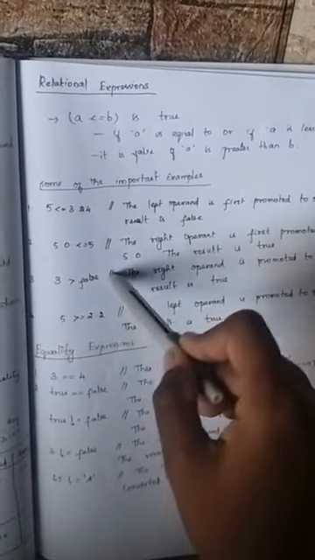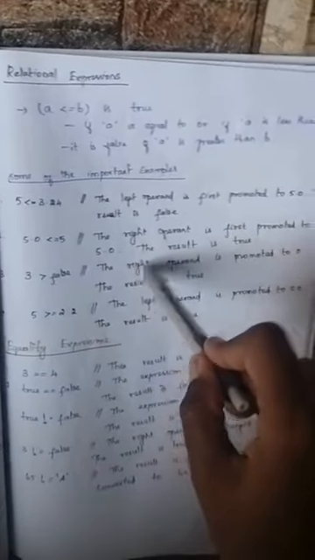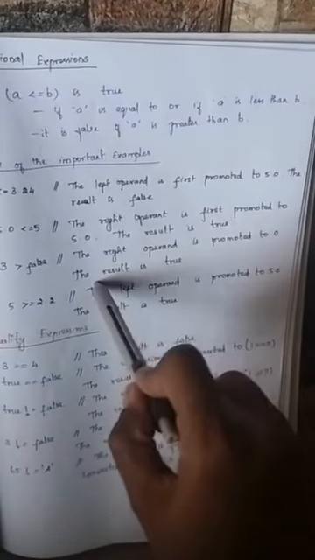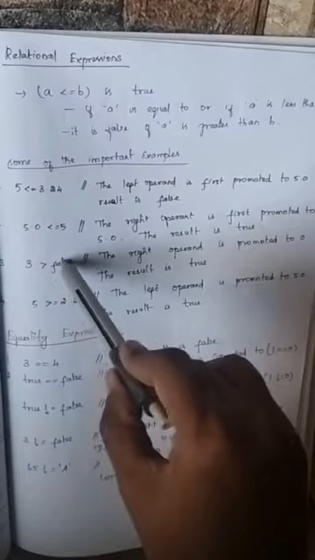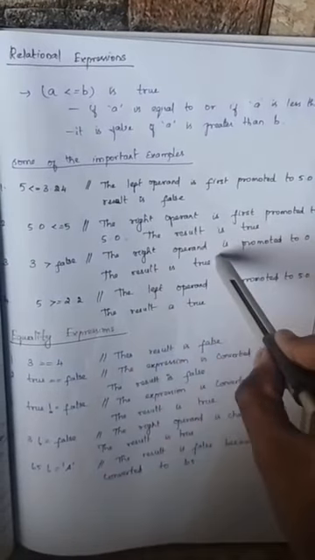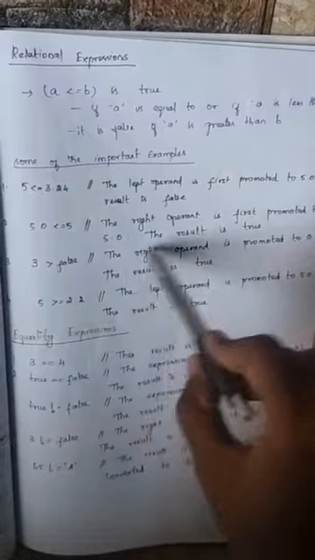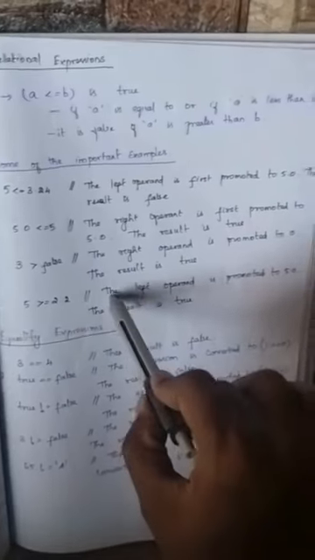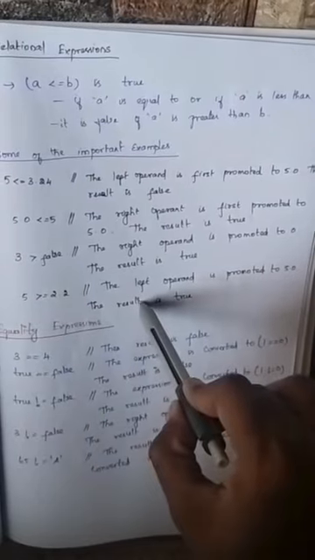Next condition, 3 greater than false. The right operand is promoted to 0, so the result is true. That means in 3 greater than false, the right operand, false, is by default promoted to 0, which is why the result is true. 5 greater than or equal to 2.2: the left operand is promoted to 5.0, and the result is true.